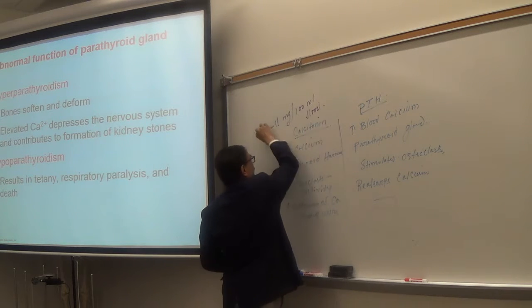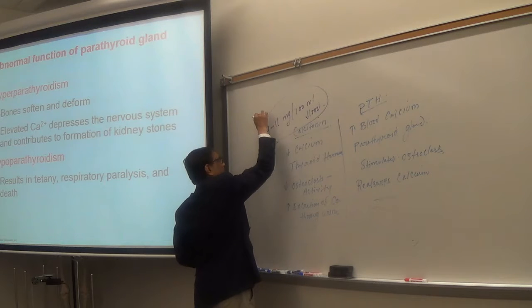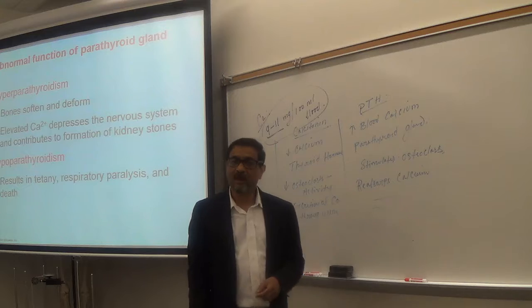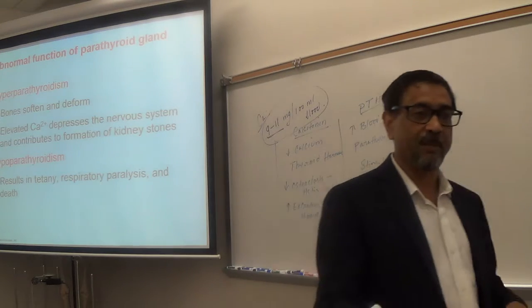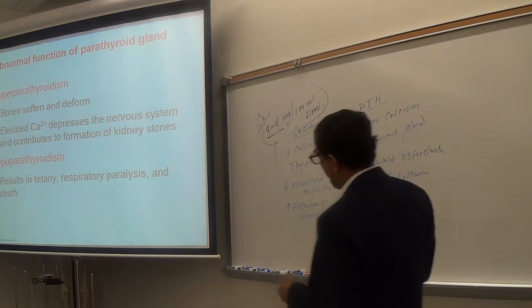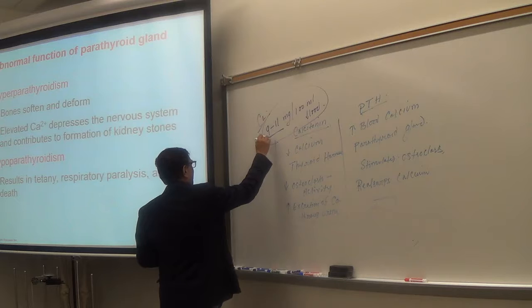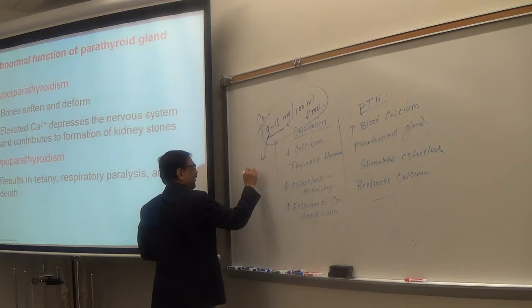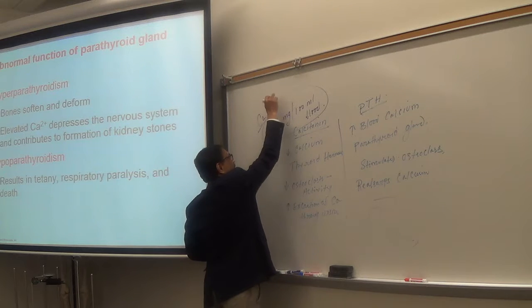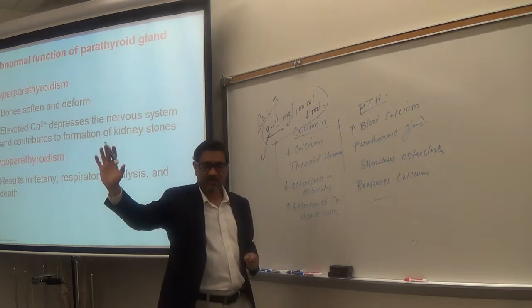Okay, this is the normal concentration of calcium, and this must be maintained in that narrow range. If it goes below 9, that is dangerous. If it goes above 11, that is also dangerous. Okay?